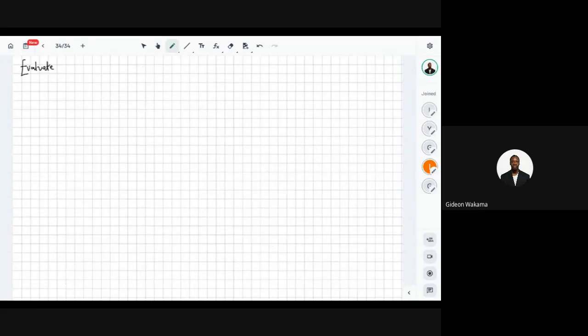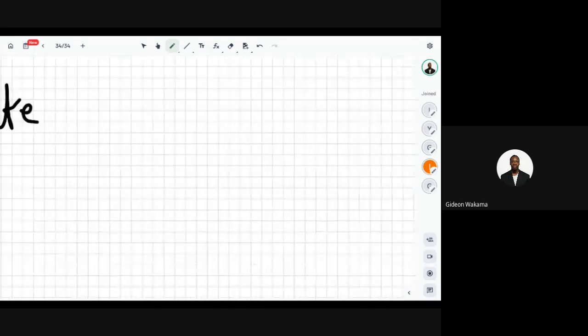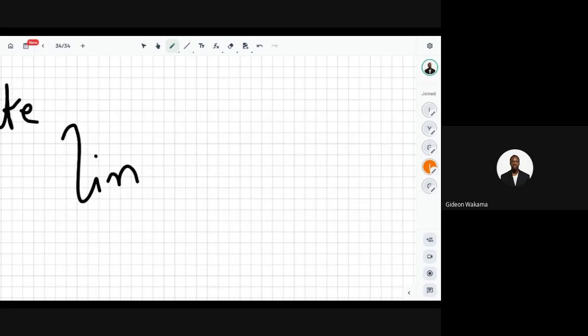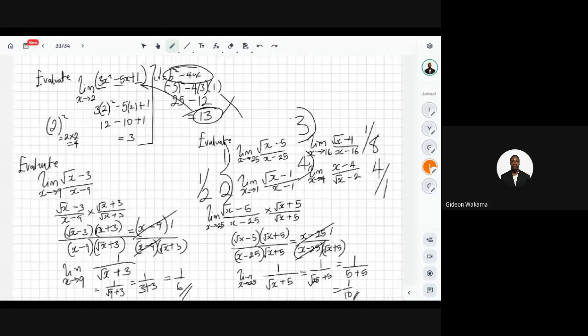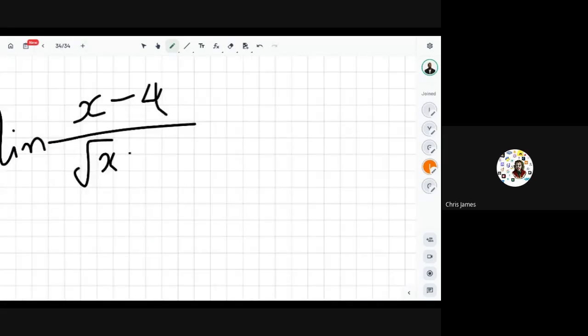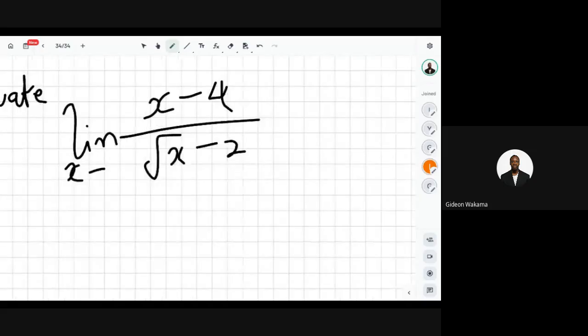For the last one, let's deal with it. It says evaluate the limit: we have the limit of x minus 4 over root x minus 2 as x approaches 4.